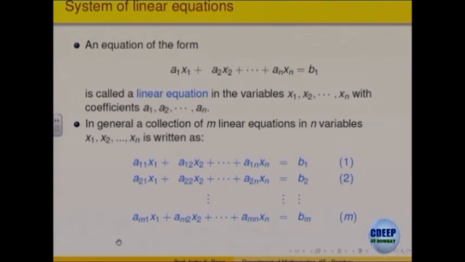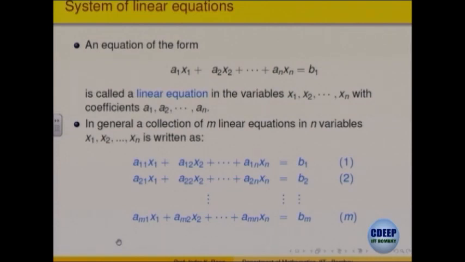So, a system of m equations in n variables, we can write as follows, to have a systematic way of writing. For the first equation, the coefficient a11 with x1, a12 with x2, and so on. The first subscript indicates the equation, the second indicates the variable.